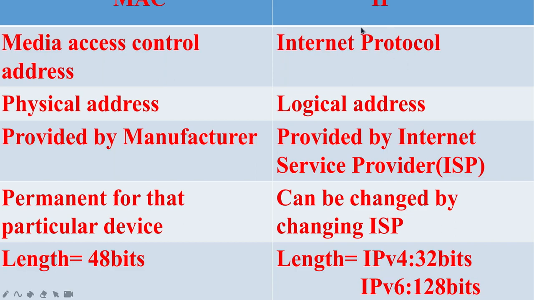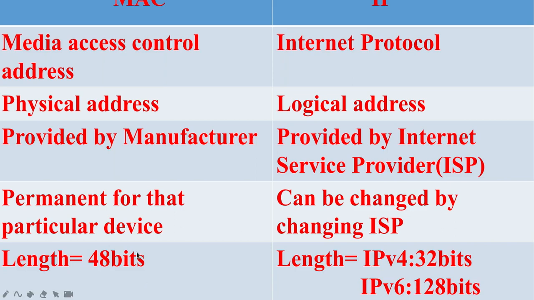The IP is simply a logical address which is provided by the internet service provider, or you can simply say the ISP. The MAC is permanent for that particular device, which means it will never be changed. The IP can be changed by changing the ISP. That means if you change your internet company, then your IP will also change.